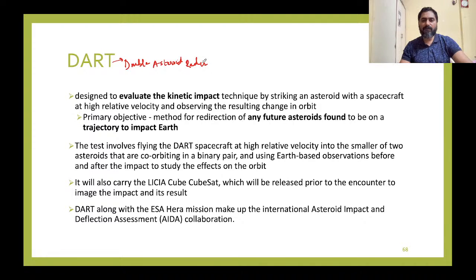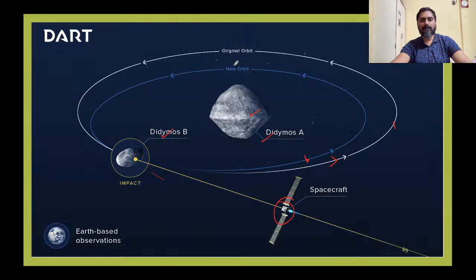So we were able to deflect this asteroid. We moved the spacecraft at a relatively high speed compared to this asteroid, and after the collision we were able to deflect it. That is the idea of this DART mission.